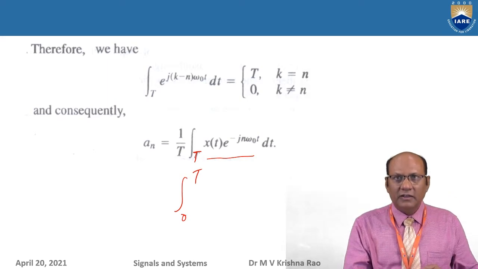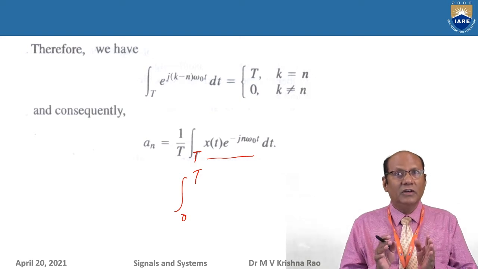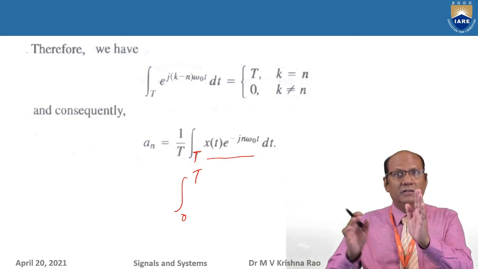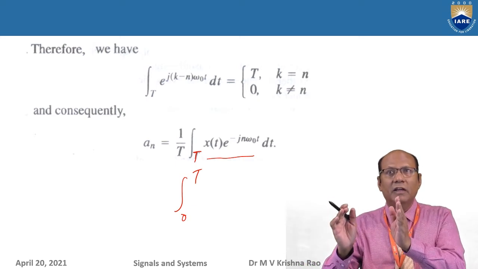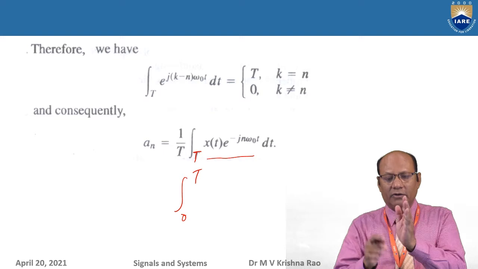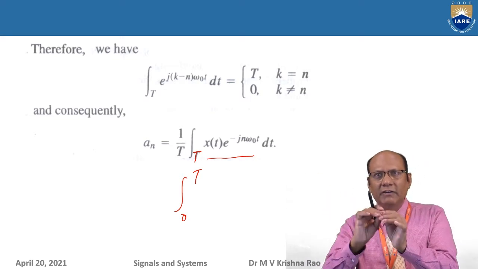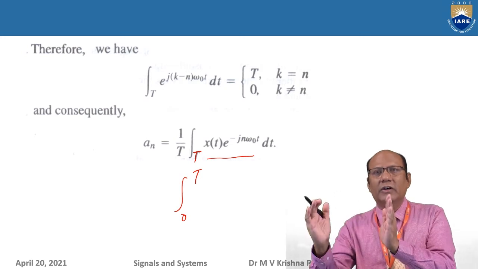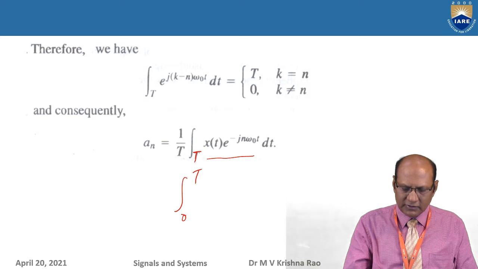But here, it is not the first cycle, it can be any cycle. In fact, it is not even aligned with the cycle. You may take half a cycle somewhere in between the waveform. Any period, from anywhere to anywhere, but from start to end it should equal one cycle period. That is the meaning of this.